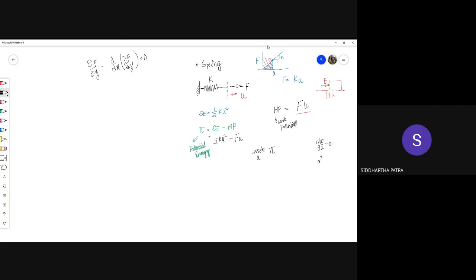And the second derivative should be greater than 0. That we would check, but this should be equal to 0.